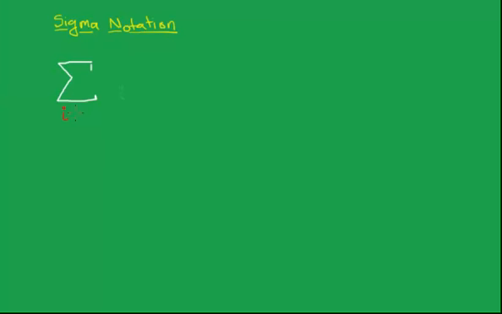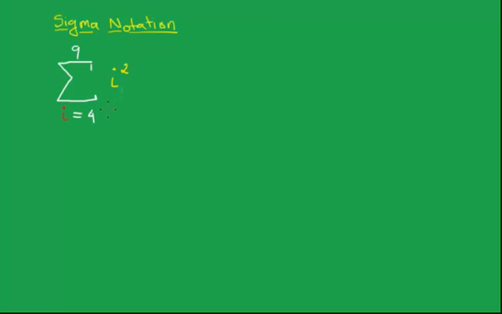So they can say, for example, i equals, let's say, 4 all the way to, for example, 9. And here, after sigma, you have another expression, and that expression can be, let's say, i squared.